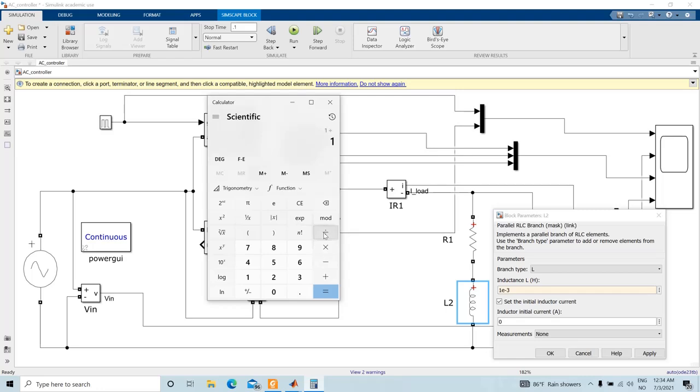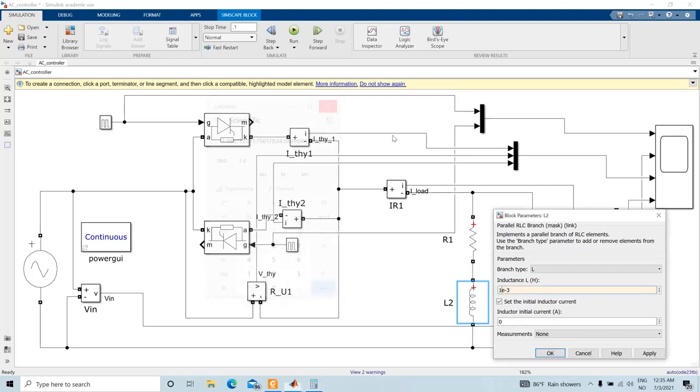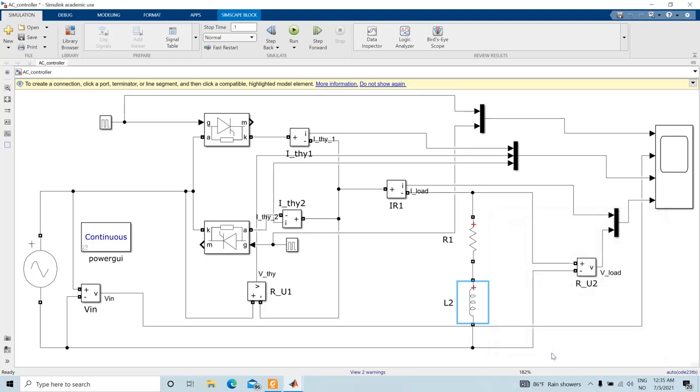So it's 1 divided by 0.314, 3.18. If we place 3.18, that means our omega L part is equal to our resistance part, and tan theta is 1, which corresponds to theta equal to 45 degrees.